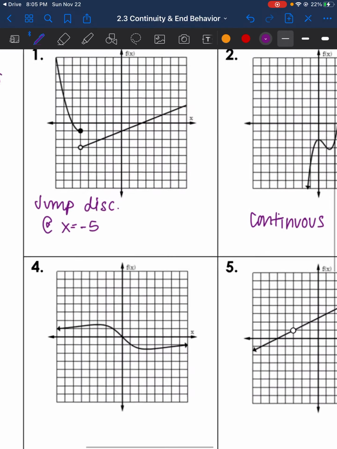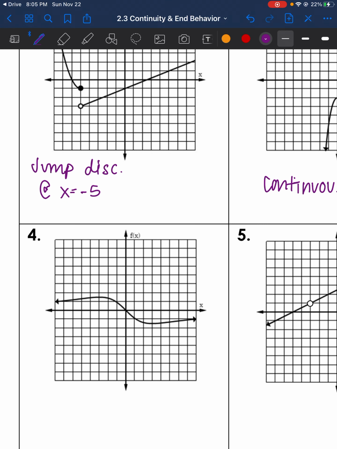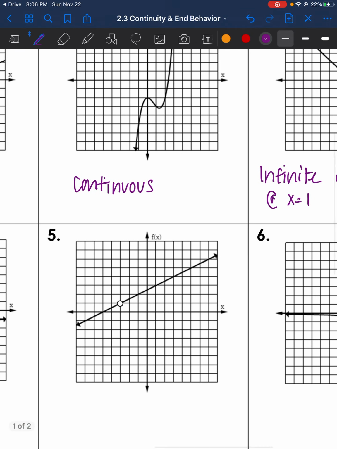All right, number 4 here, is this continuous? Can I place my finger in one spot and trace it all the way down without lifting it up? The answer is yes, this is continuous. There are no breaks or jumps here. Number 5, there's a blaring hole right here, so we know that automatically if there's a hole, it is not continuous, and we call holes removable.